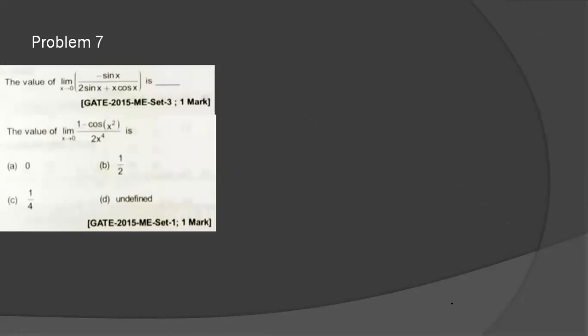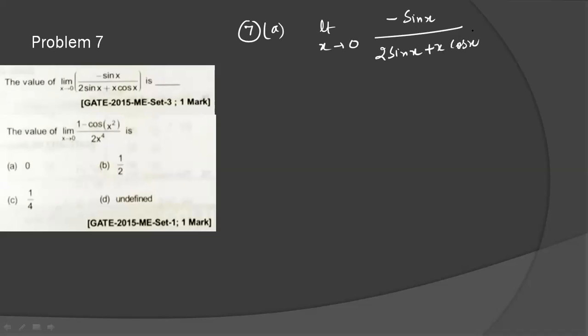In question 17, if you see problem 7a, limit x tending to 0 of minus sin x over 2 sin x plus x cos x. There are two methods for solving this problem.